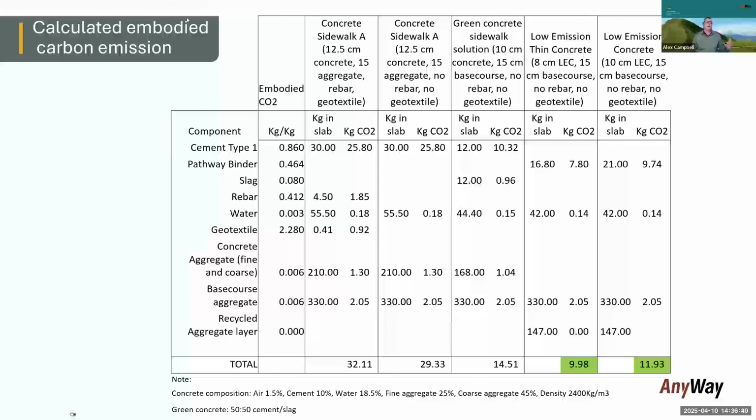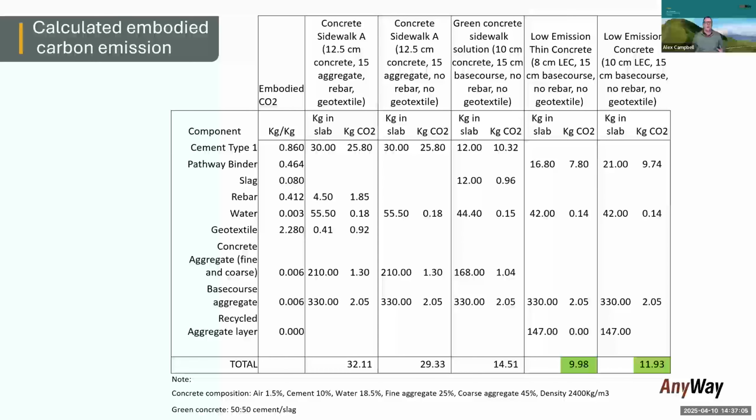So we look at the calculated embodied carbon emission. What we're trying to do here is come up with a way of assessing embodied carbon emission. And this is one of the key projects we have at UC Davis, is to really refine what those values are, to get an unbiased assessment of what that embodied carbon content is.